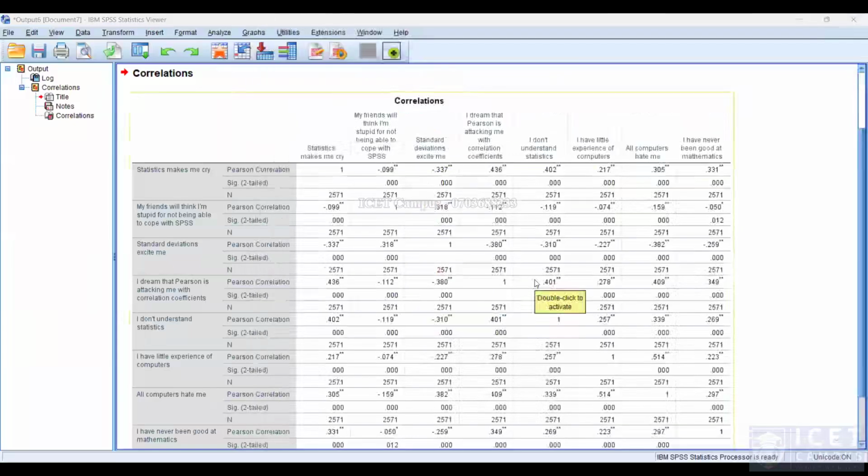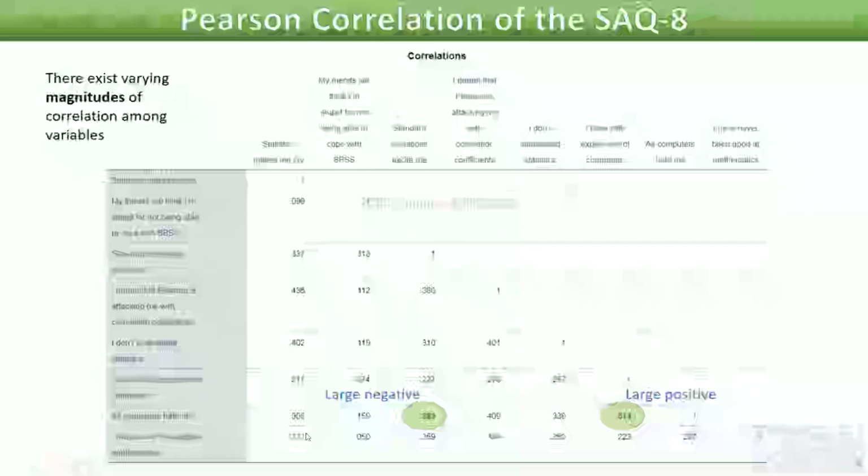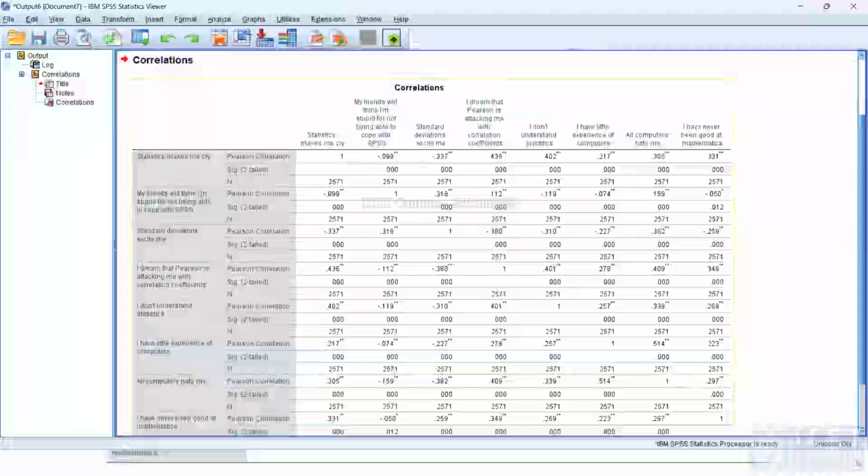Then here you can see, I think it's clear with this one here, negative 0.99, negative 0.3, 0.337. Likewise, you can see these values, right? These are the values actually.